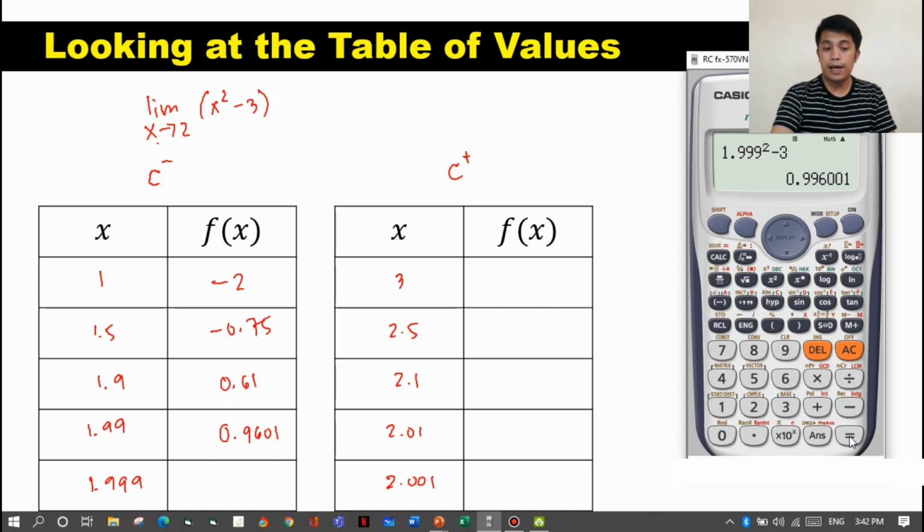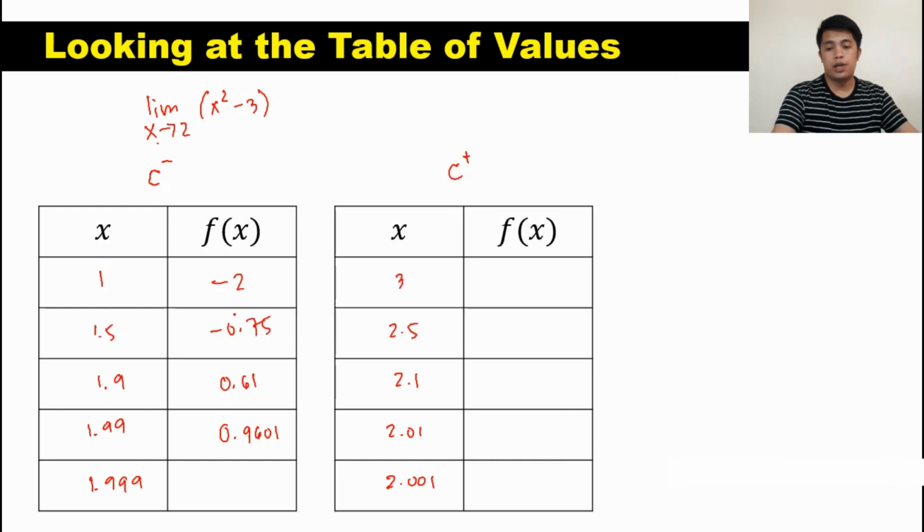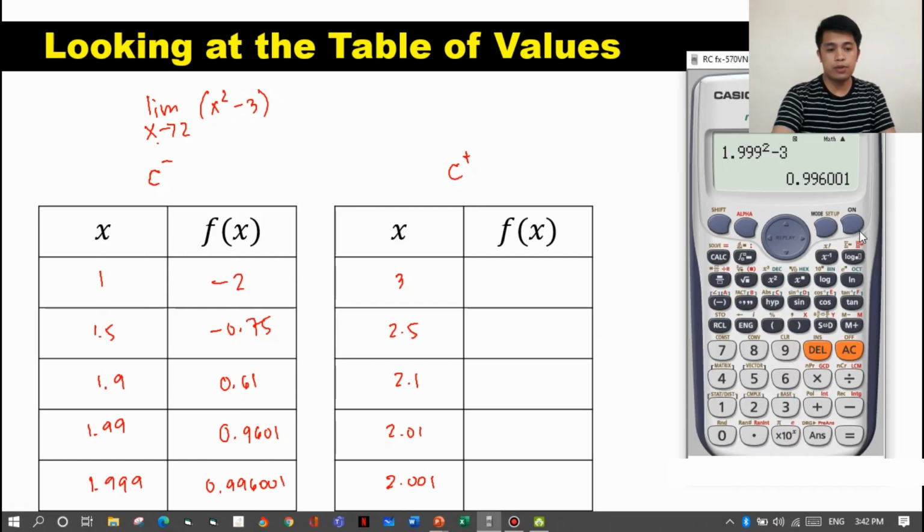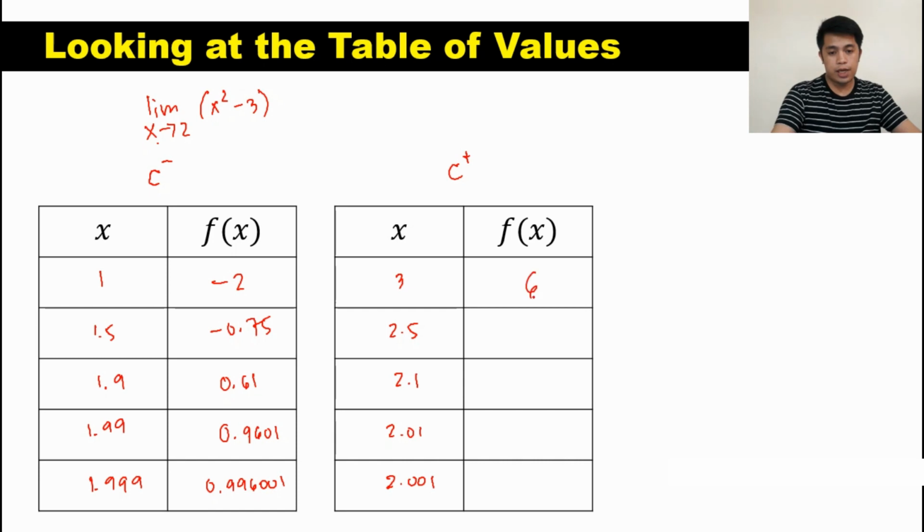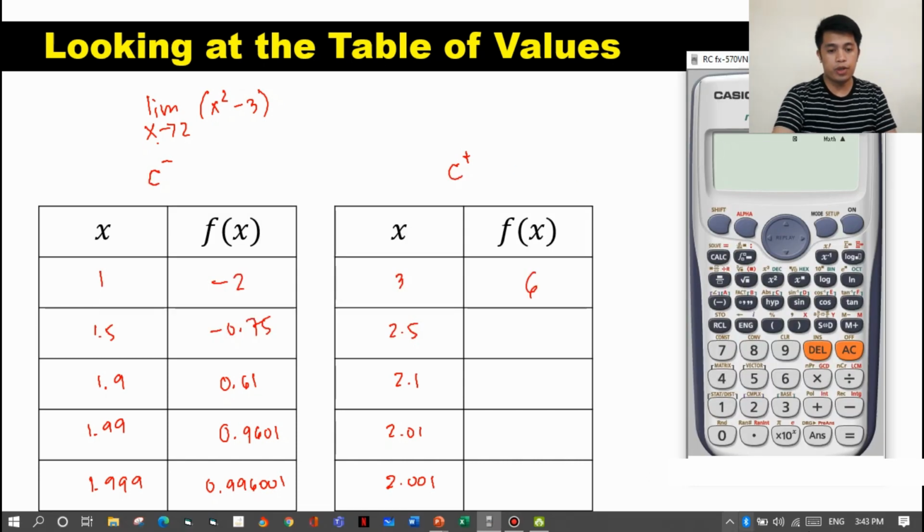We have negative 0.996001. Dito sa positive side, we solve 3 squared. 3 squared is 9 minus 3 is 6. Kani isa, 2.5 squared.